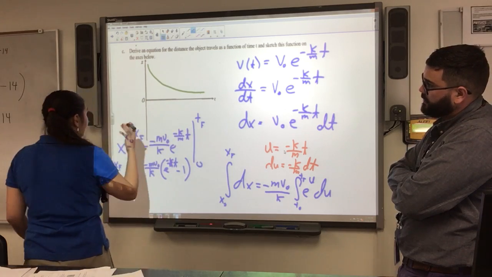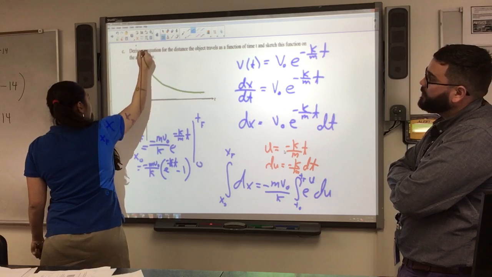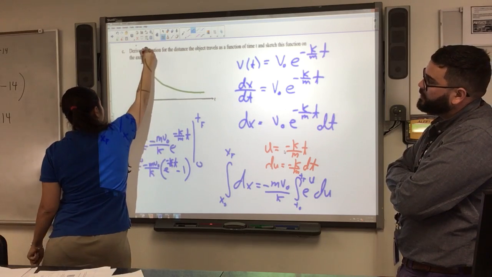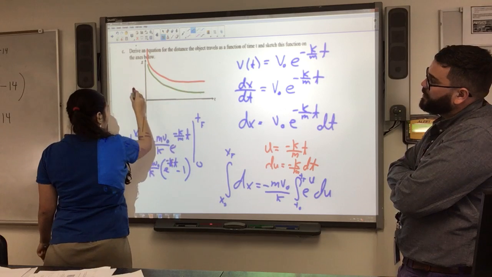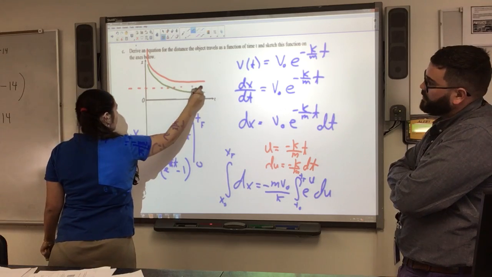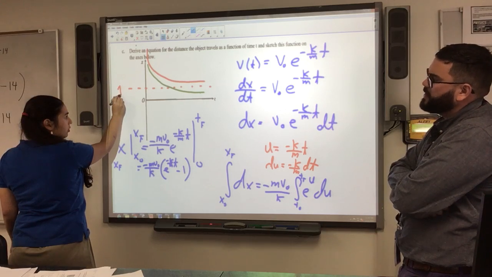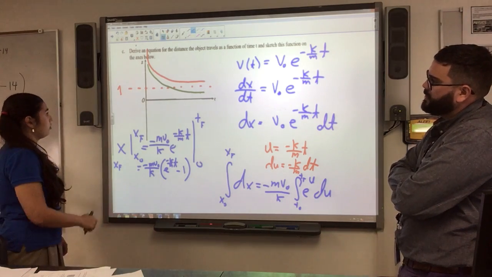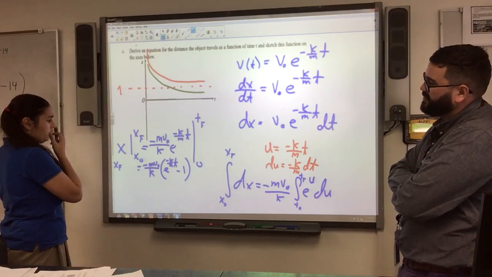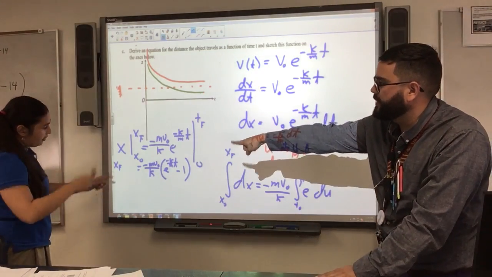Wait, no, it's shifted up. Down. Well, the negative, and then a negative. Yeah, it's just going to be some value, some asymptotic value. Okay. Is there one or no? Alright. Well, no, because it's that multiplier right there.